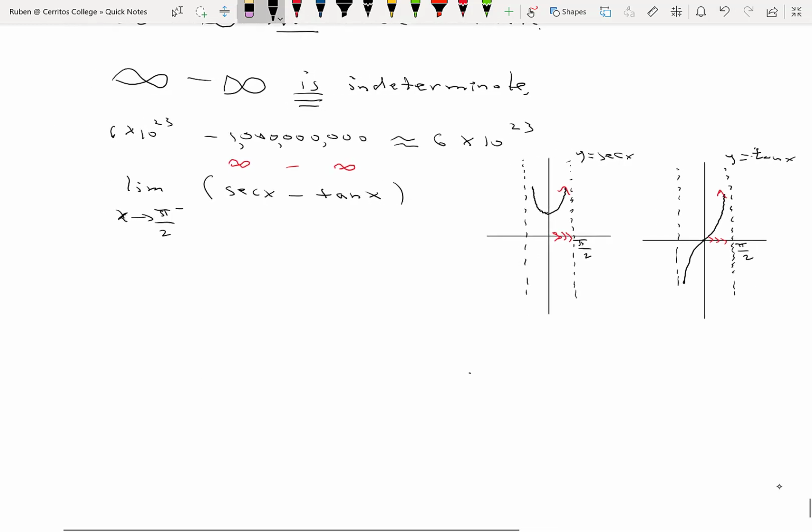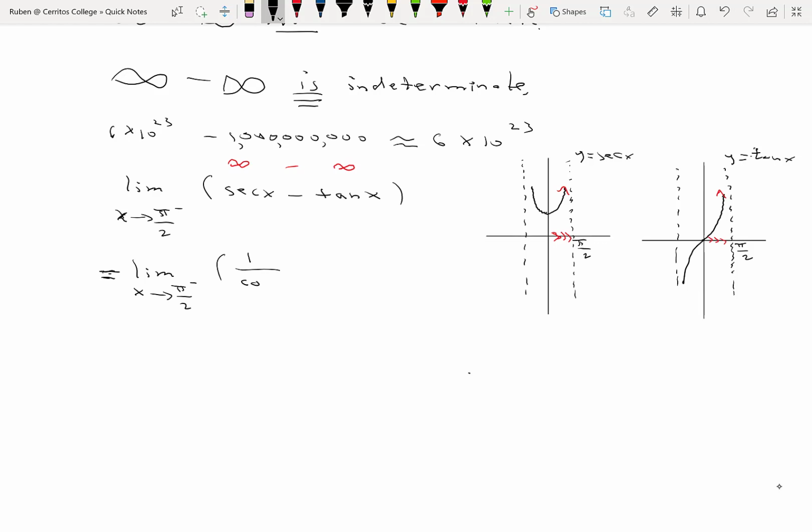So here's the big question. How do we use L'Hopital's on this? The answer is we don't. Not yet. We can only use L'Hopital's rule in the cases where we have infinity over infinity or 0 over 0. So we mess with the function by using some algebra, sometimes a lot of algebra, trigonometry identities, whatever we have to do to get this function into the form 0 over 0, or infinity over infinity.